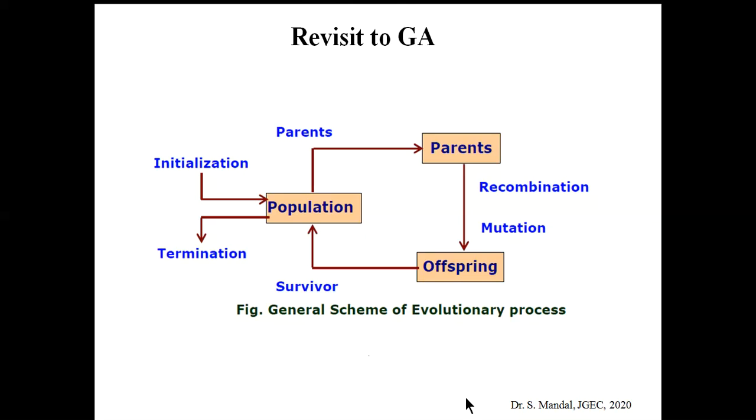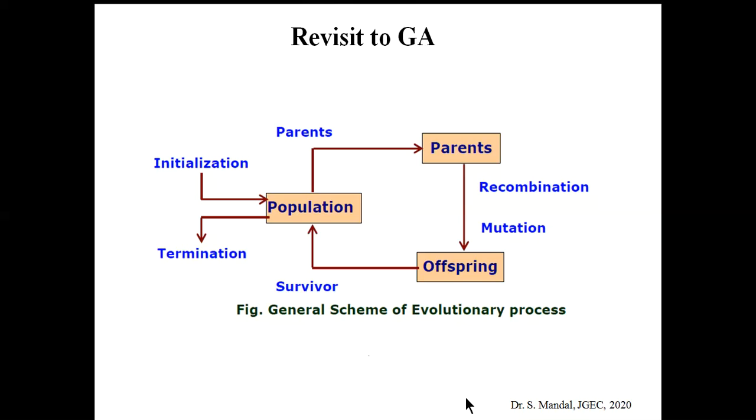This is the way we can reach the optimal point for a particular optimization problem. So initialization, selection, recombination, mutation, and accepting, and after that we terminate the whole program.